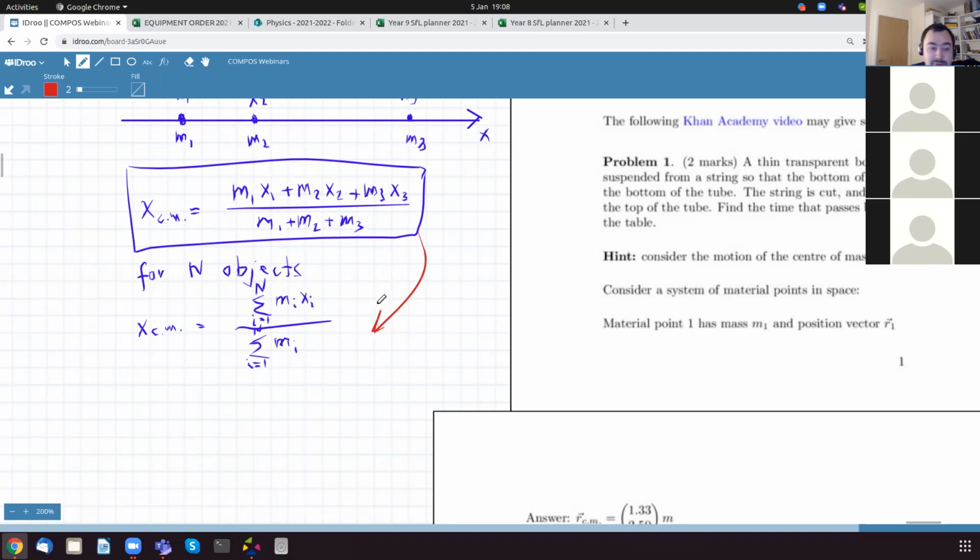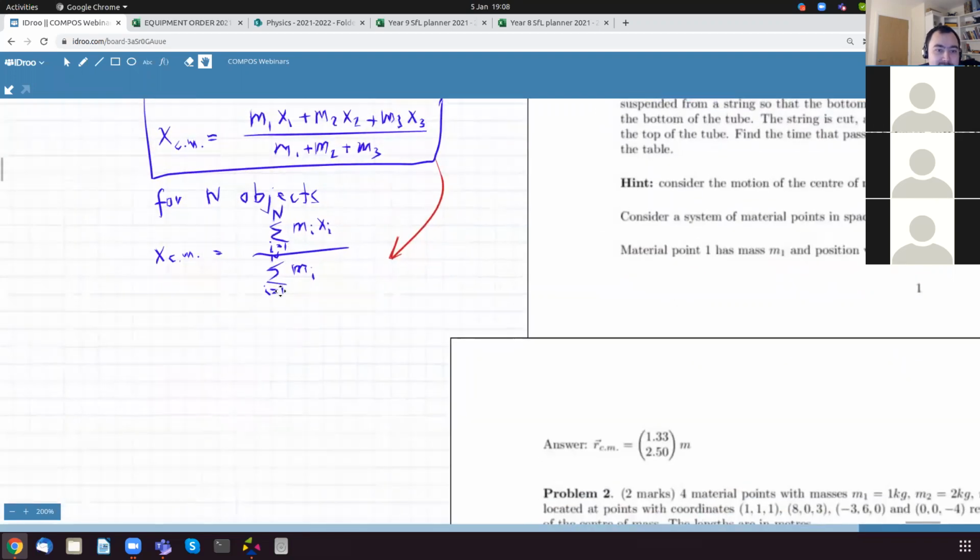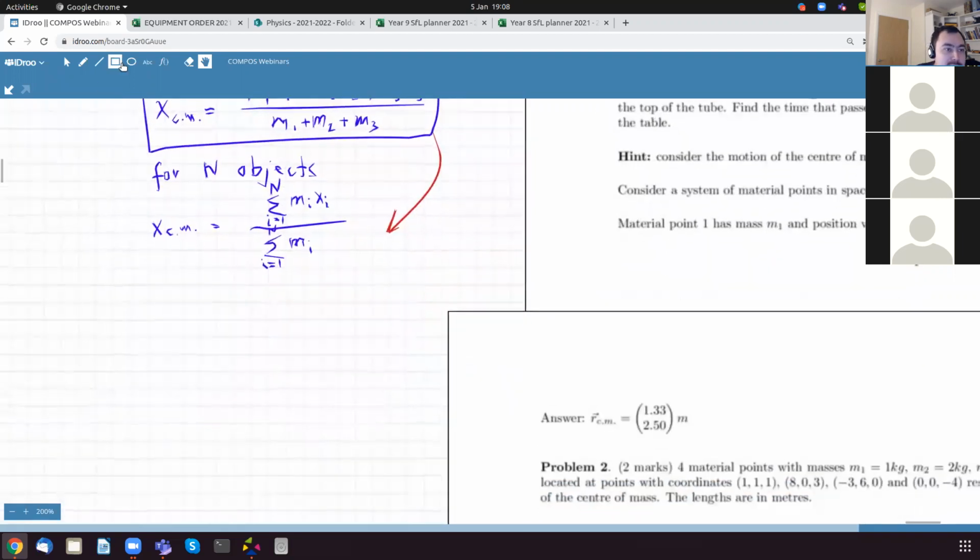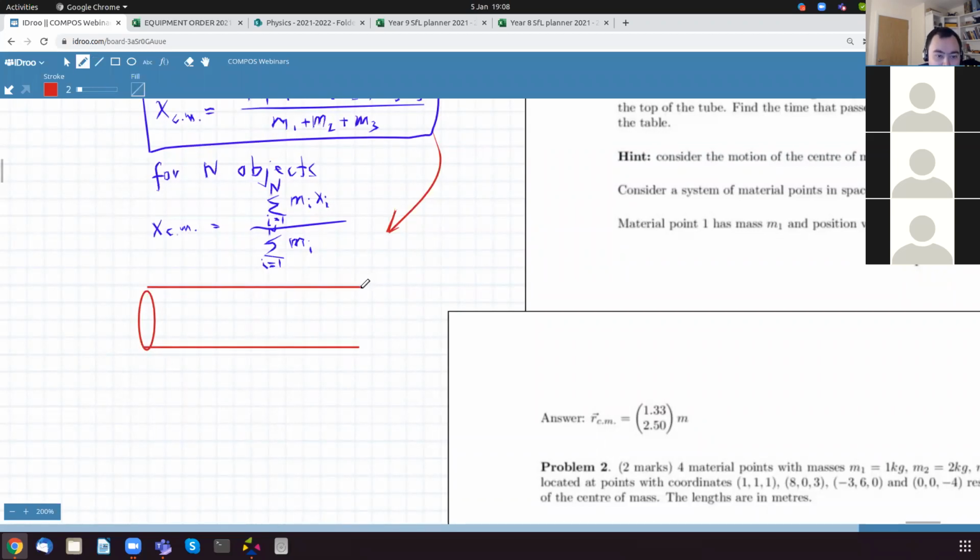Okay, that's good. And of course, if you were paying attention in my previous webinar, if we have a solid object, for example, let's say we have a cylinder, we can cut this cylinder into infinitely many pieces of width delta x and mass m.